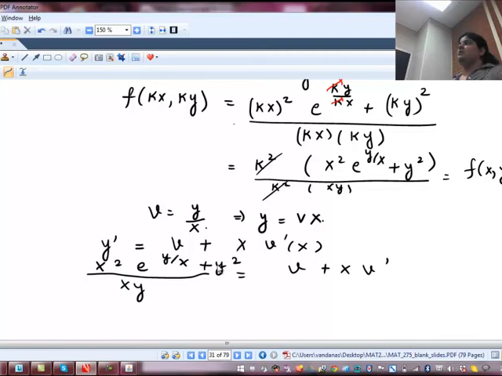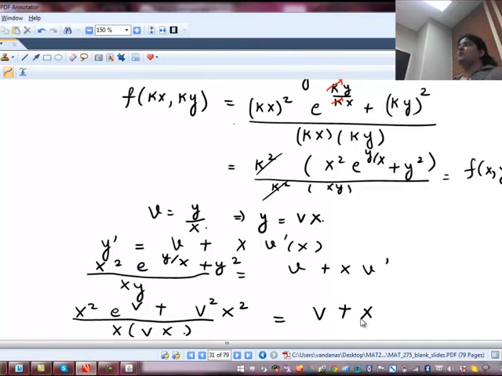What about this term? How will I change this? Okay, everywhere just put v. Okay, x square e to the power v, then this is v square x square, right? Because y is v x, and then the denominator is x times v x, and this is equal to v plus x v prime.